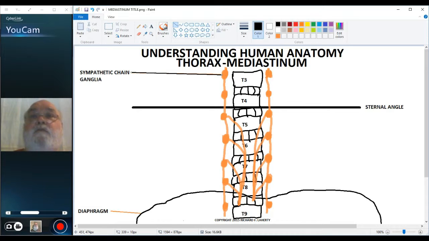So the chain ganglia, and then the greater splanchnic nerve, and there are two other splanchnic nerves that are all heading to the celiac ganglion. The other splanchnic nerves will originate a little bit inferiorly.